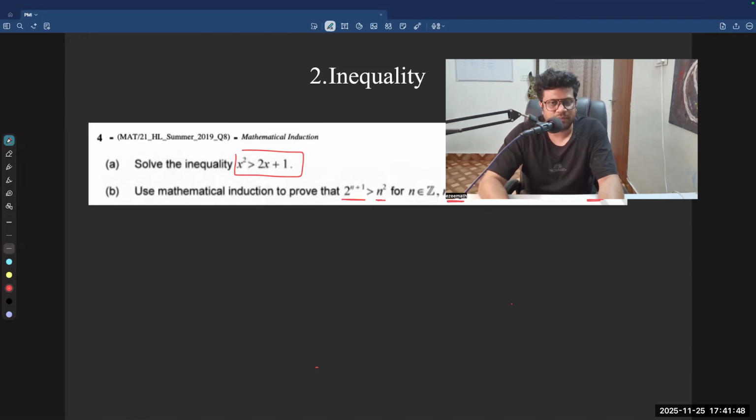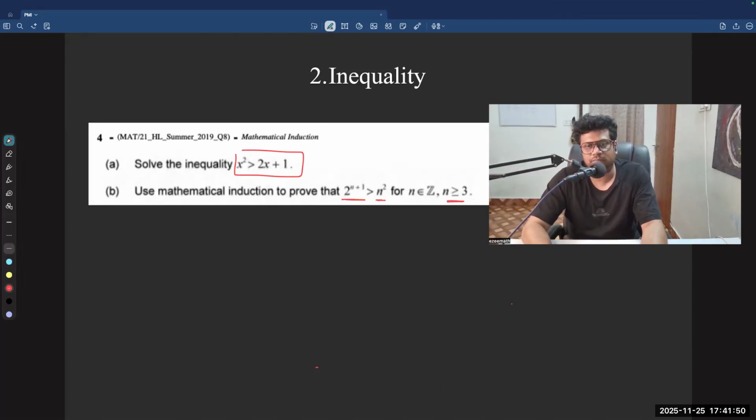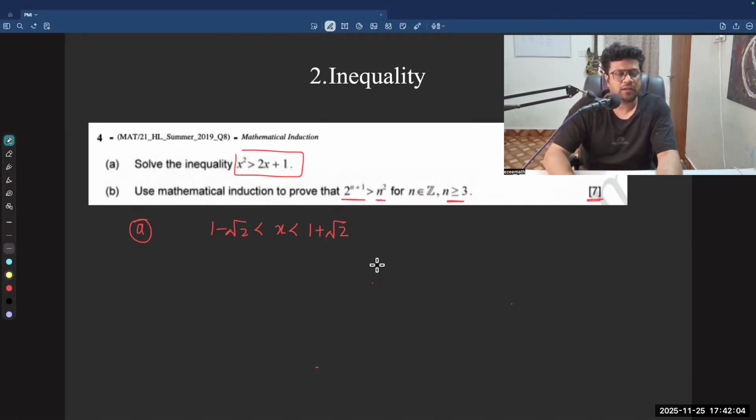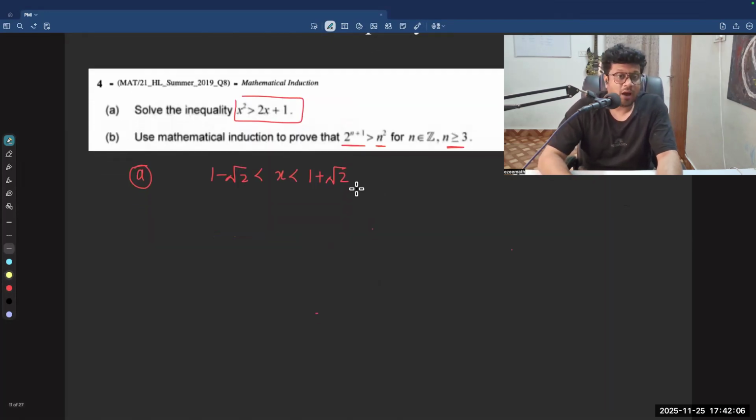I'll simply tell you what the answer is for this one. x lying between 1 minus root 2 and 1 plus root 2 will be your solution for part A. So we now know that x square is greater than 2x plus 1 for all x which is between, sorry, I think there needs to be a greater than here, greater than this and lesser than that.